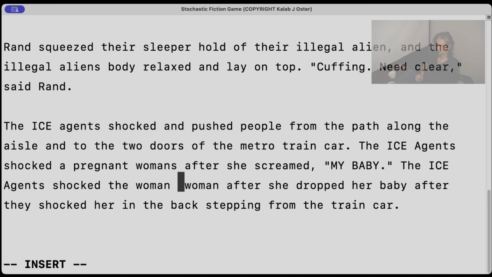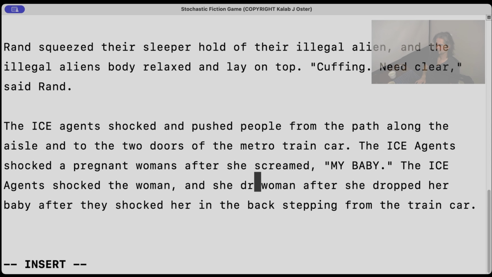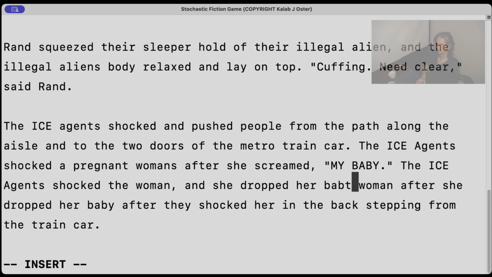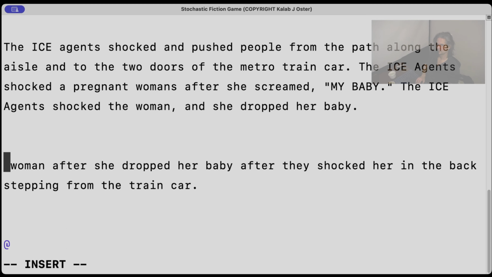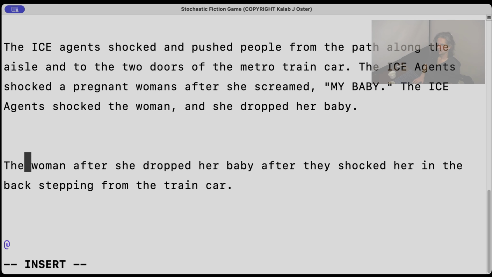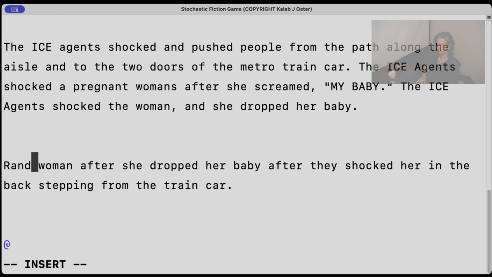The ICE agent shocked the woman. She dropped her baby. Agent Rand.